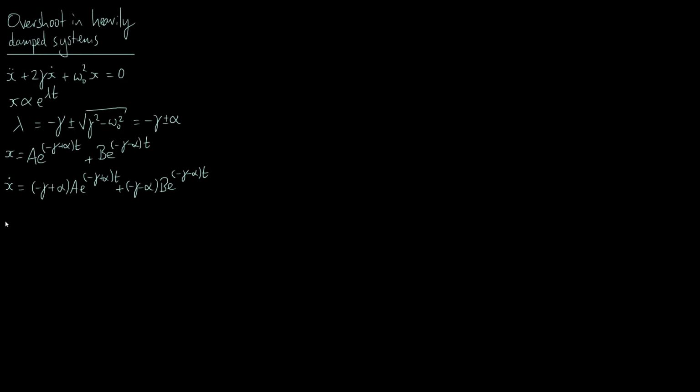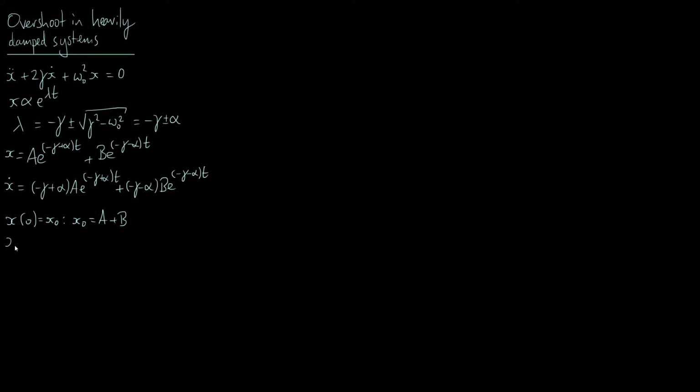Let's say that at t equals 0, x equals some constant called x0. If we use our expression for x and plug in t equals 0, we'll find that x naught has to be equal to a plus b, because e to the 0 is just 1. So how about the velocity?